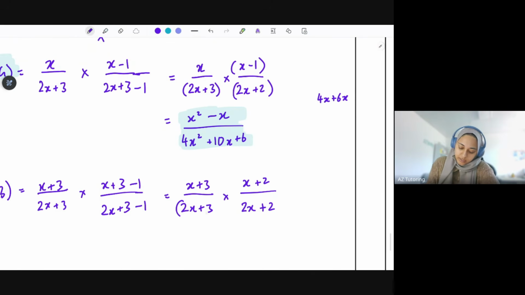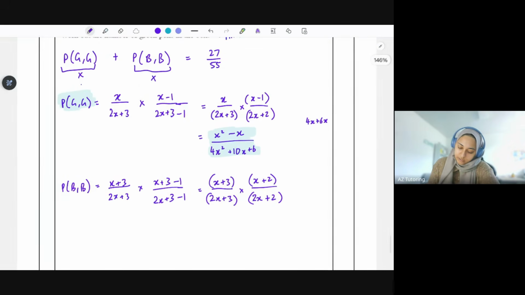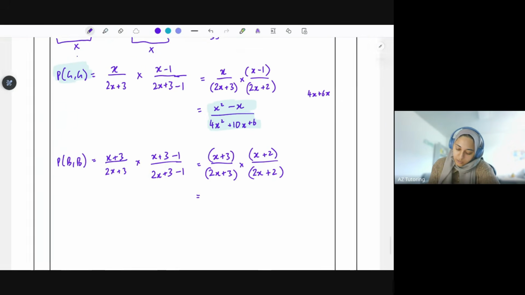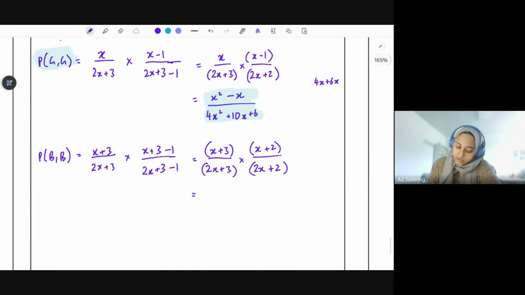Okay, now let's expand this. I'm going to put brackets around all of these to expand correctly. We've got x plus 3 times x plus 2. So x times x is x squared. X times 2 is 2x, and then 3 times x is 3x. 2x add 3x is 5x. 3 times 2 is 6, over 2x times 2x is 4x squared.